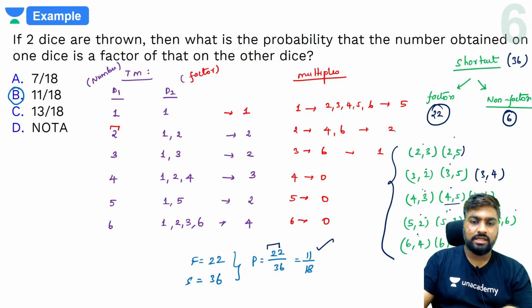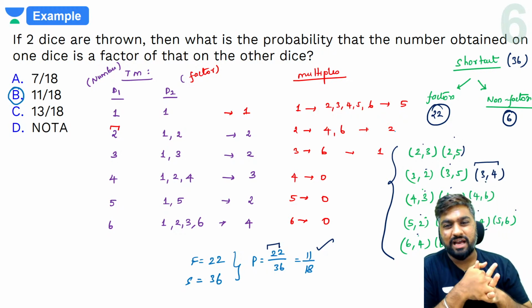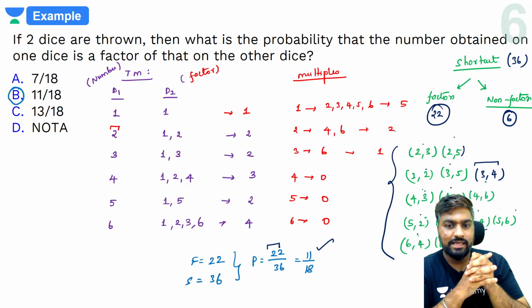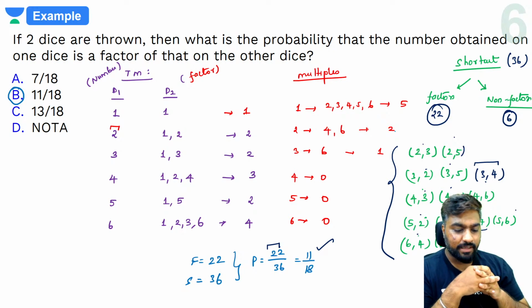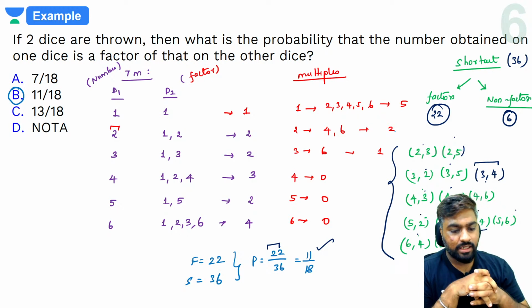My bad, in the hurry we forgot 3,4. Okay. So these are math-based problems. You have to be a little careful about this, right? Sometimes what happens is you miss out things. In a hurry you miss out things. Okay? Done. We took 5,6, took 6,5 also, took 4,3, but forgot 3,4. Done.